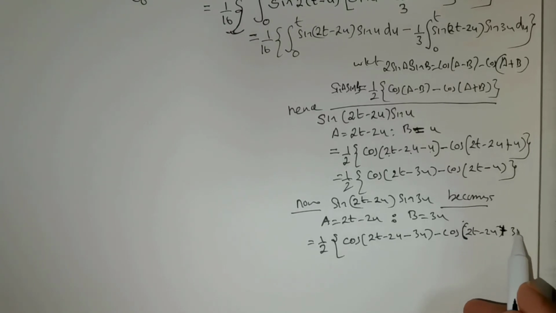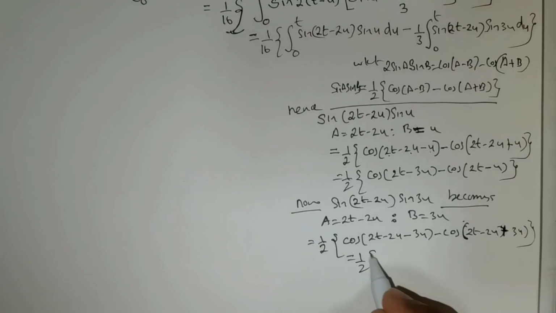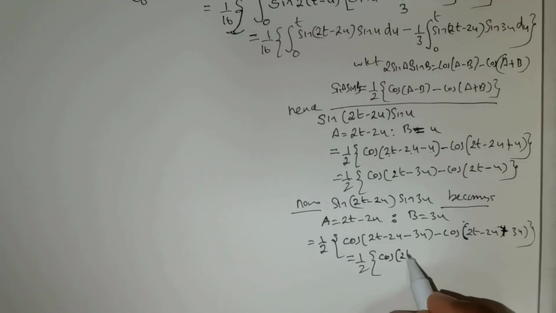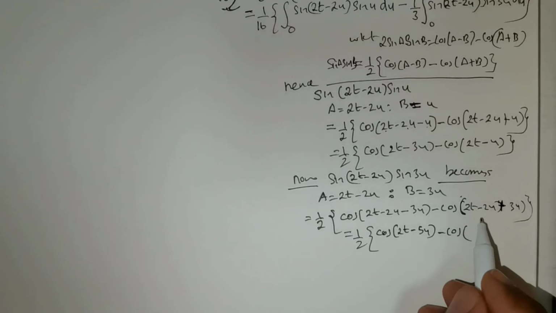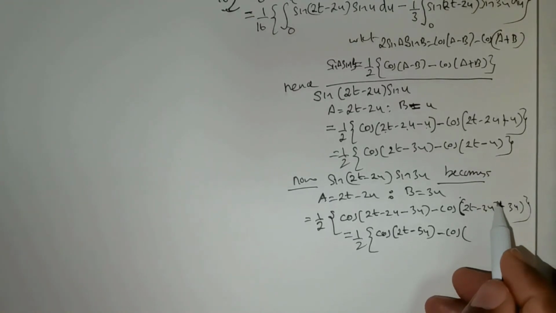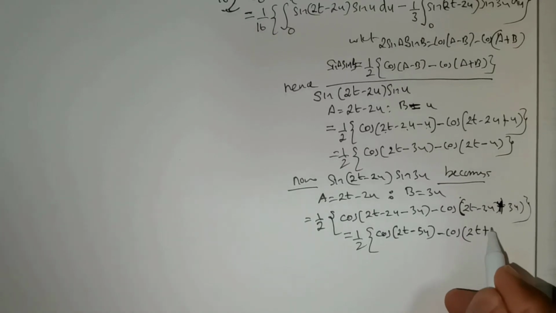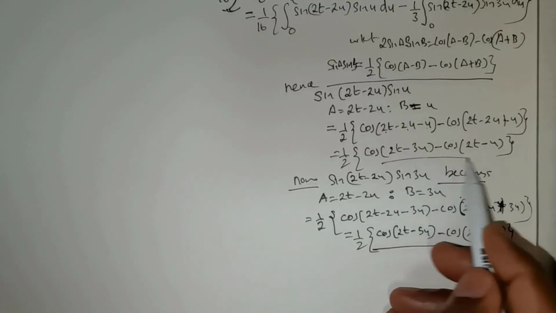My b is 3u, so I can rewrite this as 1 over 2 times cos of 2t minus 2u minus 3u, that's going to be cos of 2t minus 5u, minus cos of 2t minus 2u plus 3u, so that's going to be 2t plus u. So we've got this.